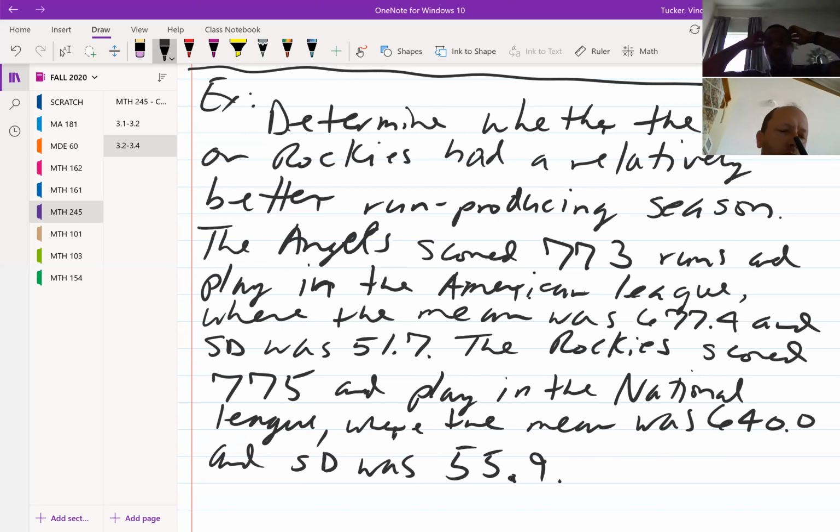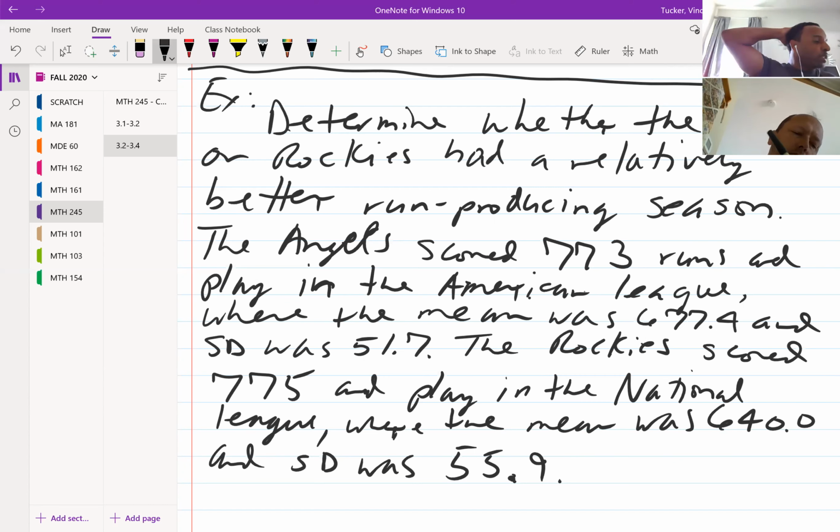All right. So we want to determine whether the Angels or Rockies had a relatively better run producing season. The Angels scored 773 runs and played in the American League, where the mean was 677.4 and the standard deviation was 51.7.